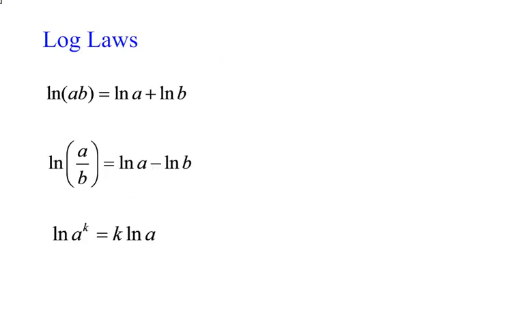And then the last thing we want to do is recall our log laws. This will be used here and there in calculus, but they're ones that you just really need to know all the time. If I'm multiplying two numbers in my logarithm, I can switch it to an addition. That's because when you're multiplying two values like x to the n times x to the m, you add exponents.